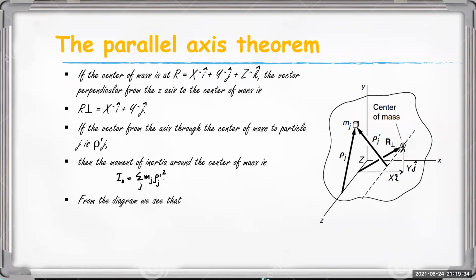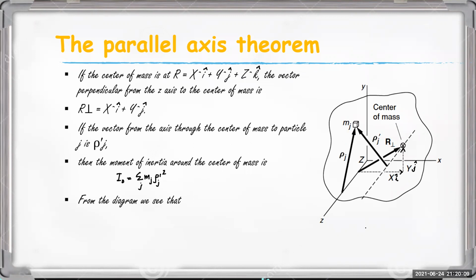Then what is rho j dash in terms of rho j and r perpendicular? Look at the figure. This vector is rho j, and the vector from this axis to this axis is r perpendicular. These are parallel axes, so the distance here must be equal to here also. So here it is r perpendicular.